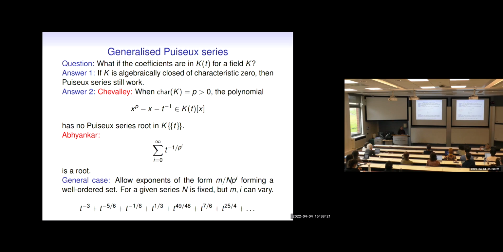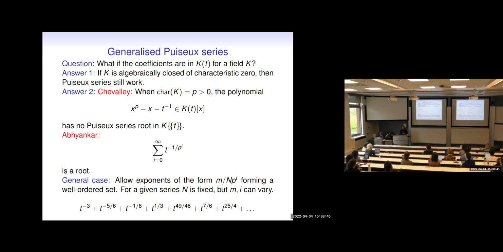We have the example. I think I have n is 3 again, and my prime is 2. So you can see that every denominator is 3 times a power of 2. And the claim is that this forms a field, and furthermore, it forms an algebraically closed field.